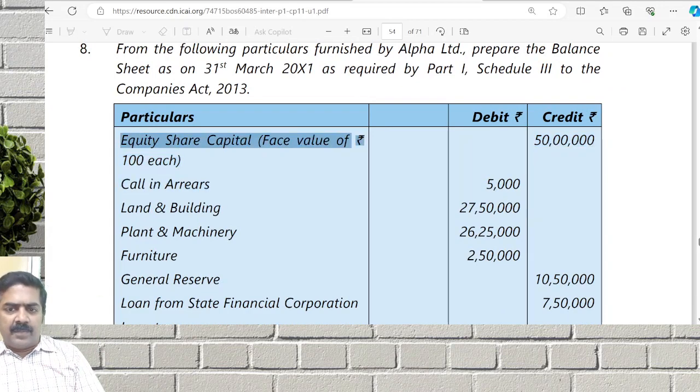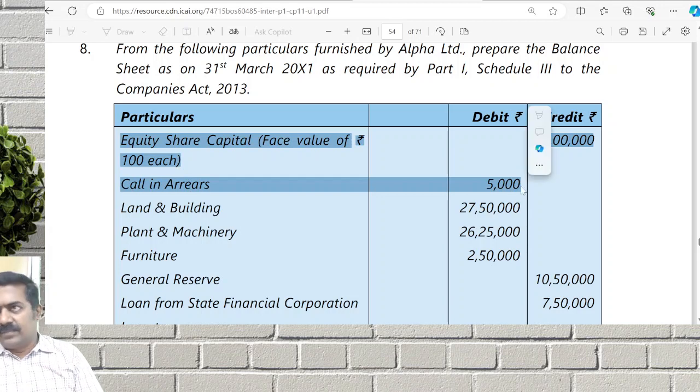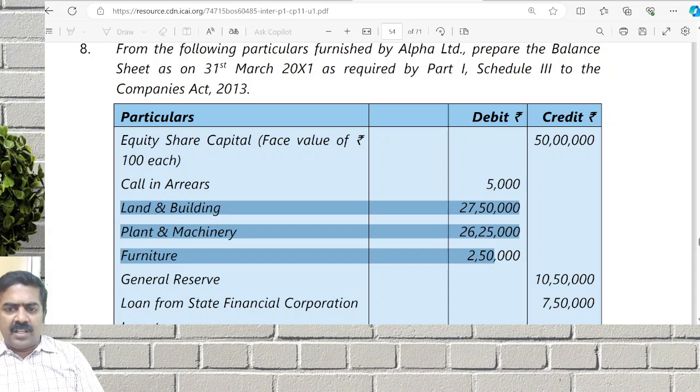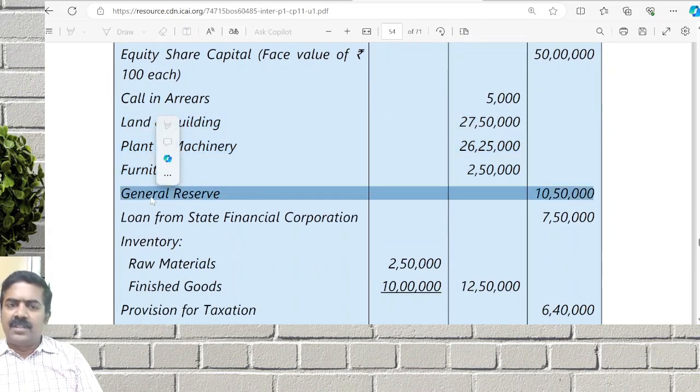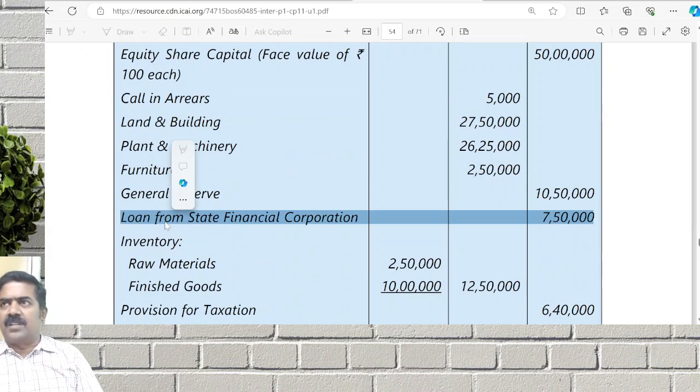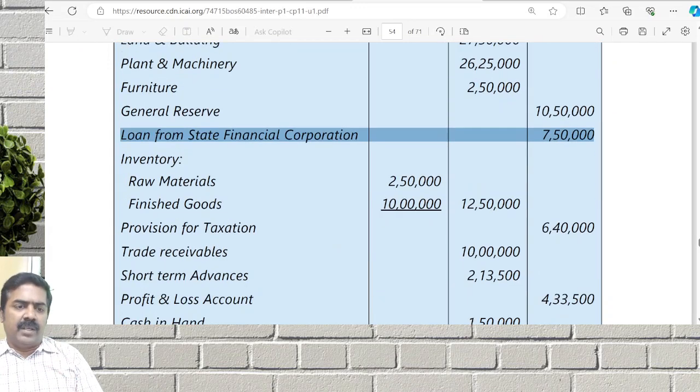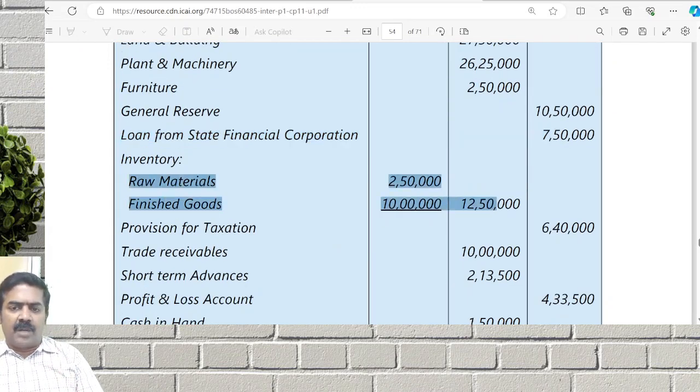Where will equity share capital minus calls in arrears come? Share capital. Land and building, plant and machinery, furniture will come in non-current assets. General reserve, reserves and surplus. Loan from State Finance Corporation, long-term borrowings. Inventory will come under both raw material and finished goods, current assets.